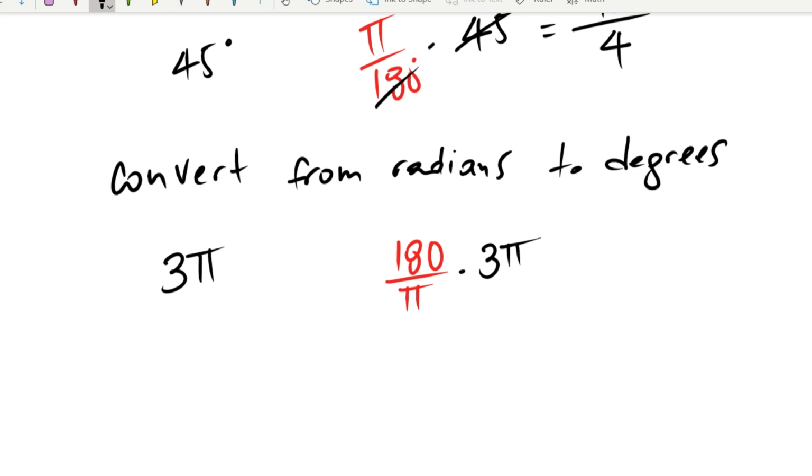So we notice the pi cancels here, and after that we take 3 multiplied by 180, which is 540 degrees.